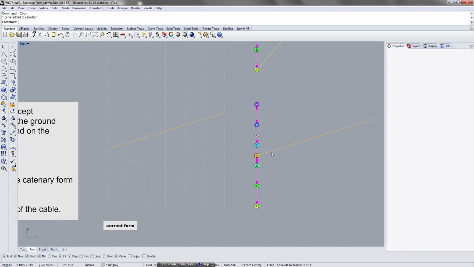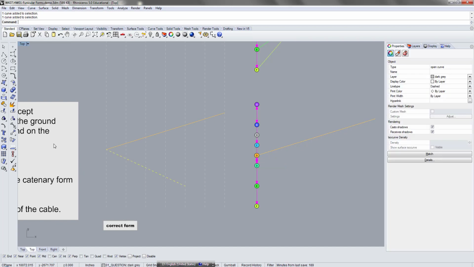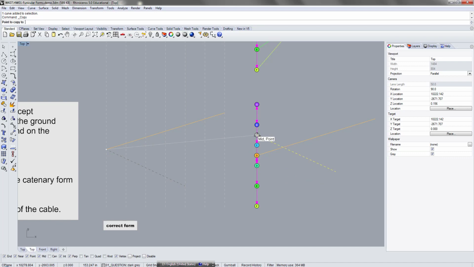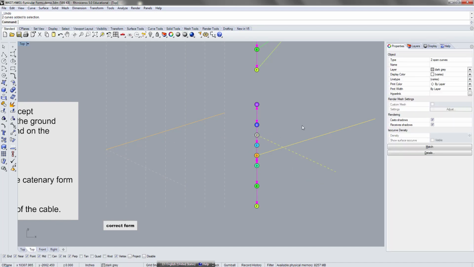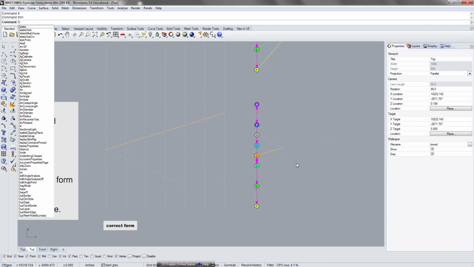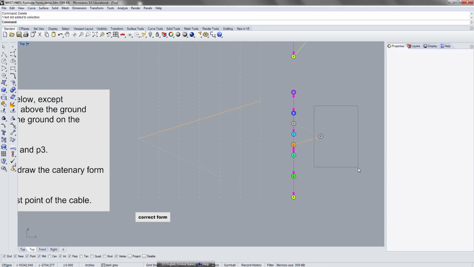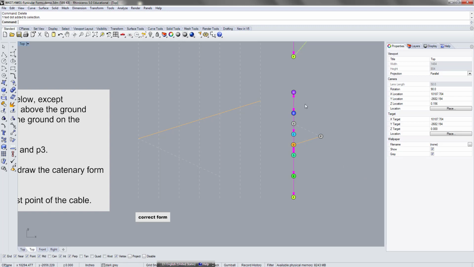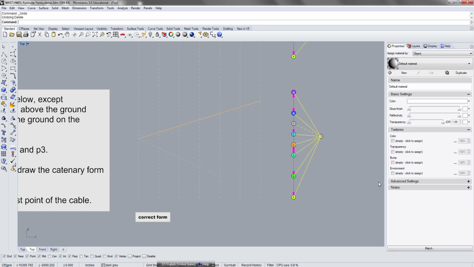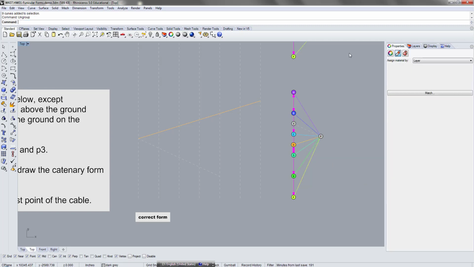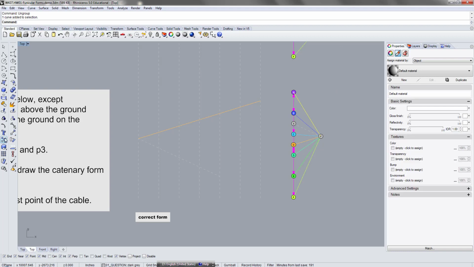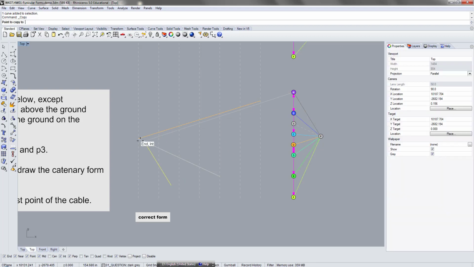This needs to be the closing line, so it should pass through point G, and this should pass through point X. And now that is going to determine our new point P. So this should be the new point P, and if you connect point P to all of the points, this is the new force diagram that you should get, and you can construct the force polygon based on that one.